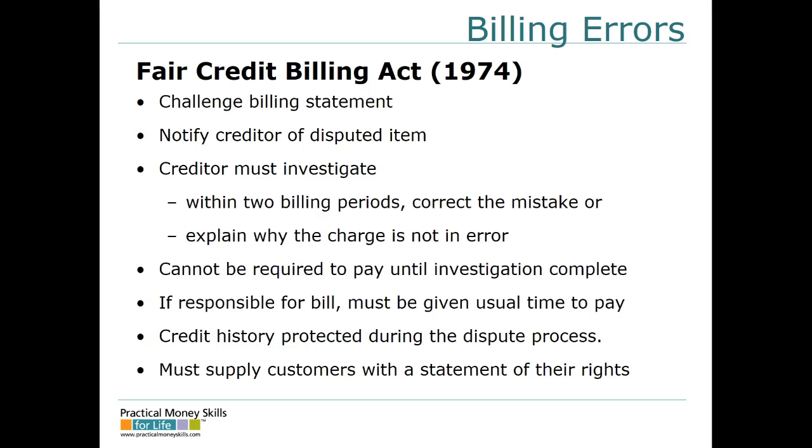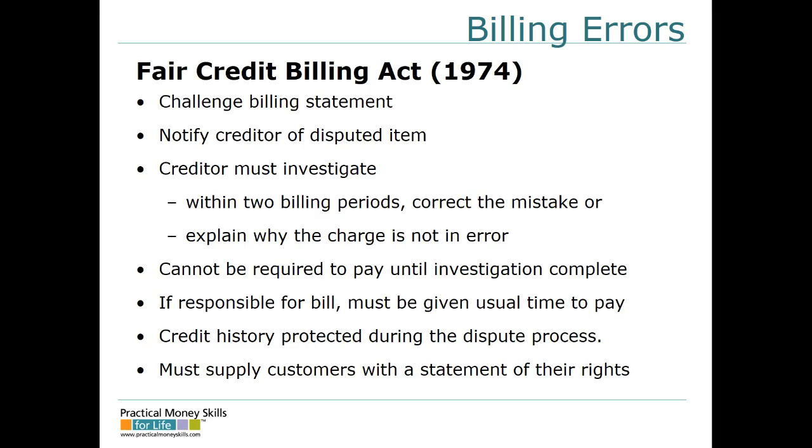Obviously, in the 70s, they found the need for this, and so they set up this law. You can challenge a billing statement for errors such as charges for unauthorized purchases, charges for items that were never delivered, and failure to credit a payment.